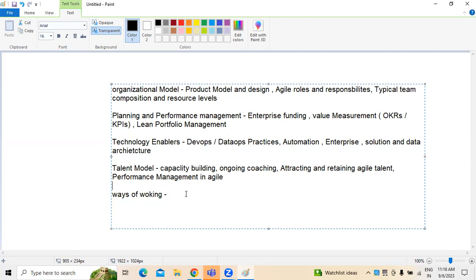In reference to ways of working, one should understand the mindset of agile. This is where agile mindsets come into the picture. Mindset of agile is required. At the same time, the behavior of the team, as well as the practices that we are going to use, everything comes under this category. So agile mindsets, team behaviors, practices, all these things have to be taken into consideration.